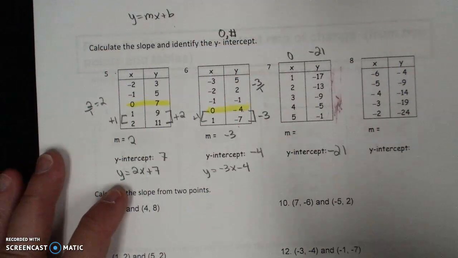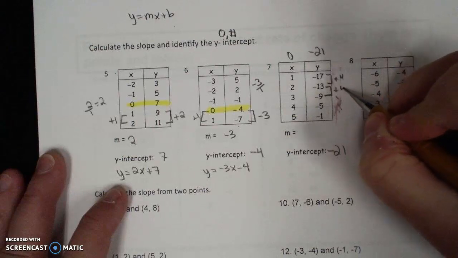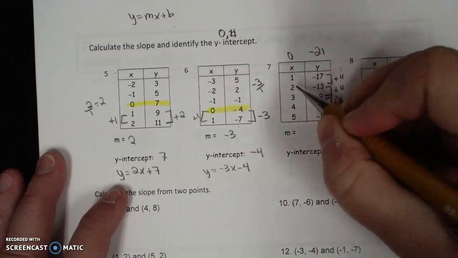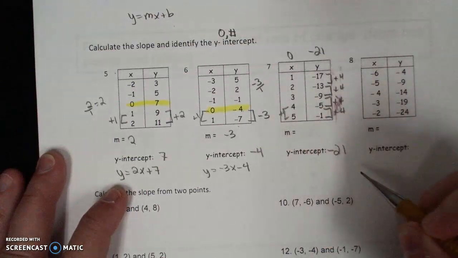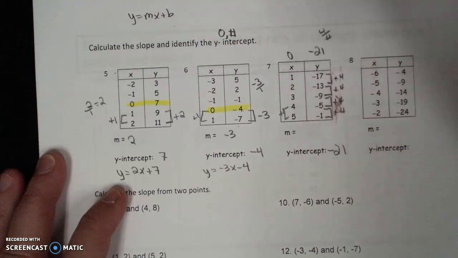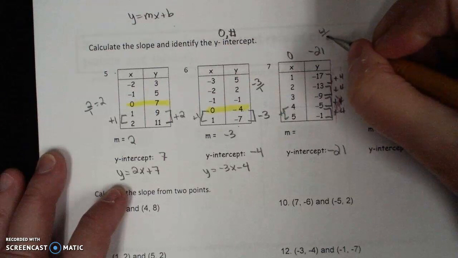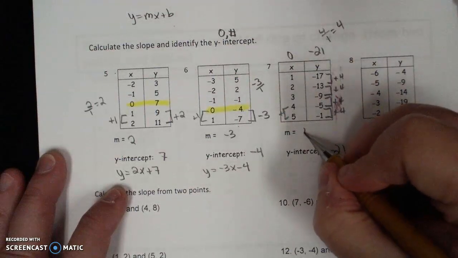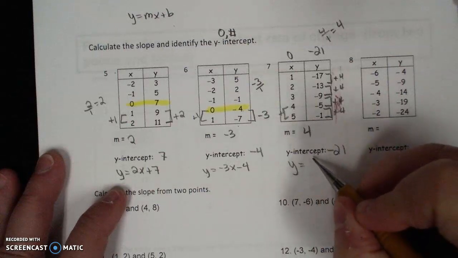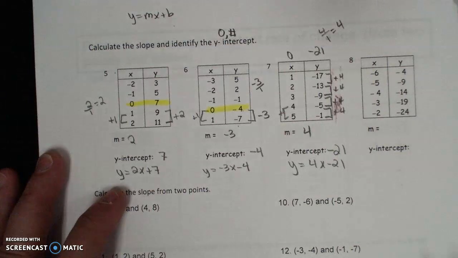So if I'm going from here to here, plus 4, plus 4, plus 4, plus 4, and plus 1, then I have my slope as 4 over 1, which is simplified to 4. There's my slope. You learned from the equation that y equals mx plus b, which is 4x minus 21.